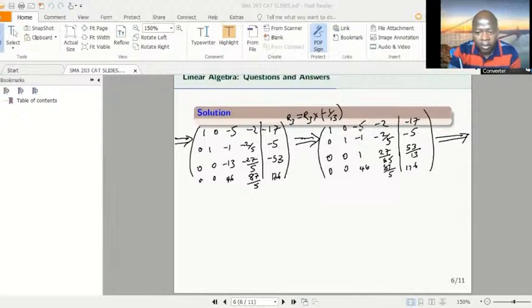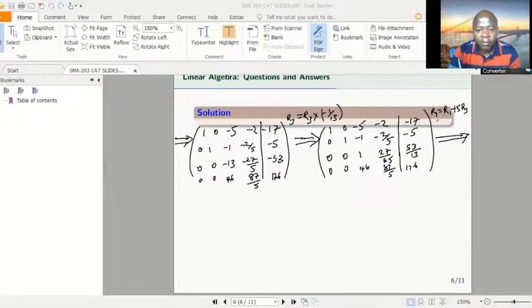So to get 0 in row 1, the new row 1 will be obtained by taking the current row 1 plus 5 row 3.